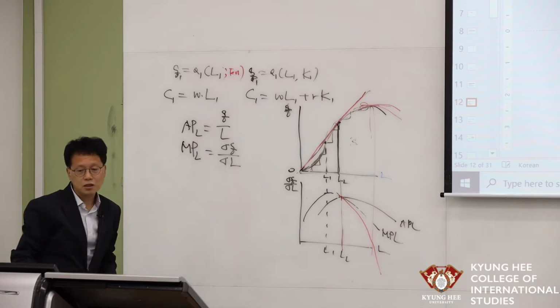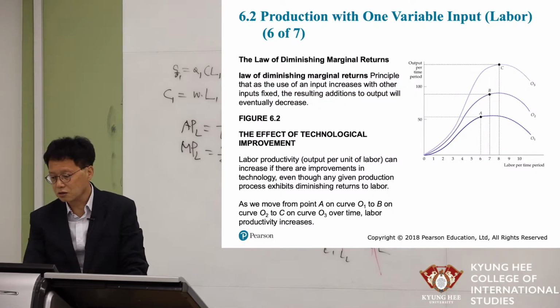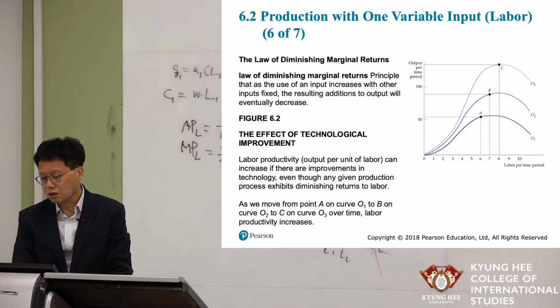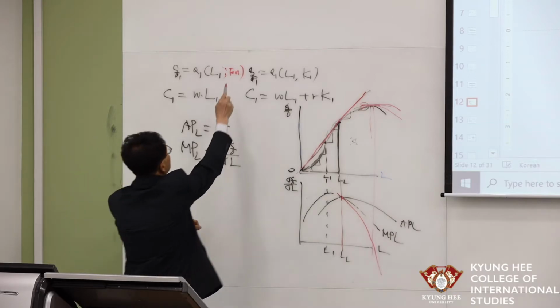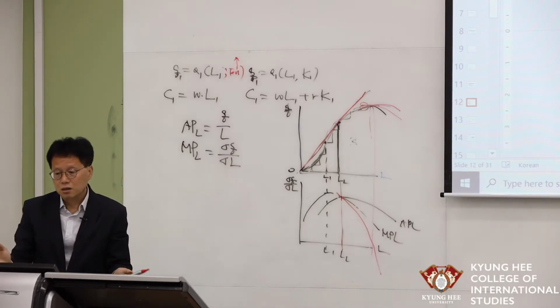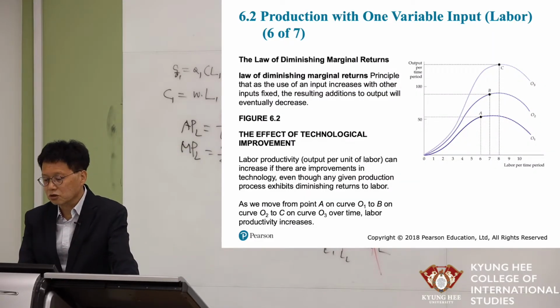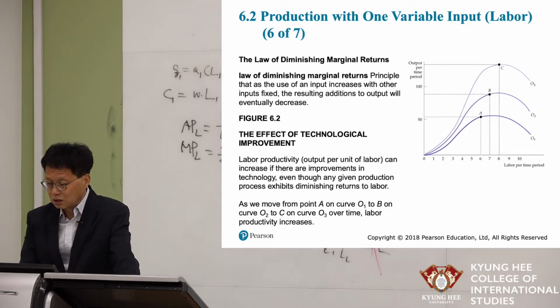When the original technology level is T0, the production function or total product is like this. But when the technology level increases, the production function shifts upward like this. That happened because of technological change. If technology improves again, then it shifts again. Okay, that is the effect of technological improvement.